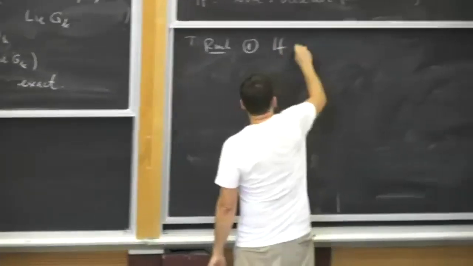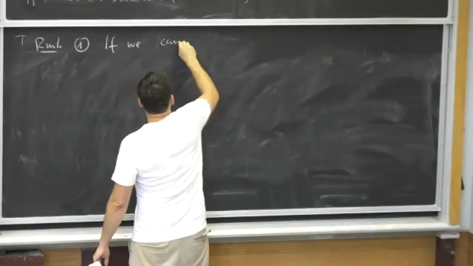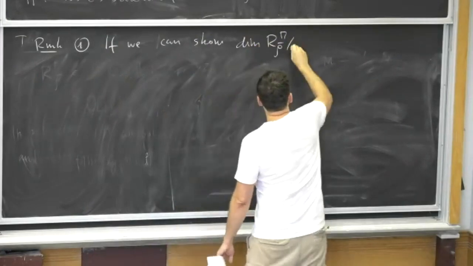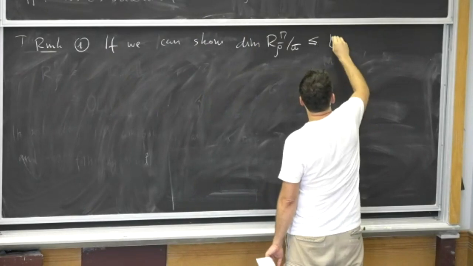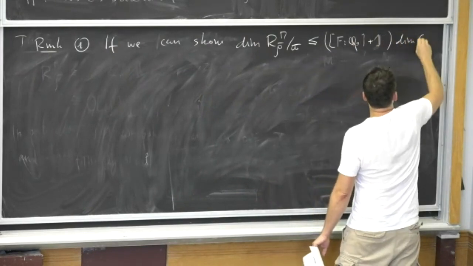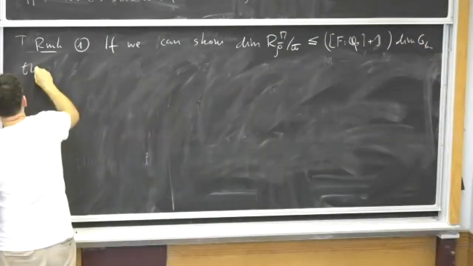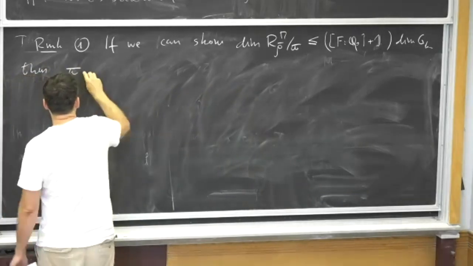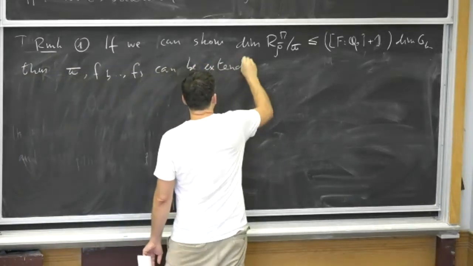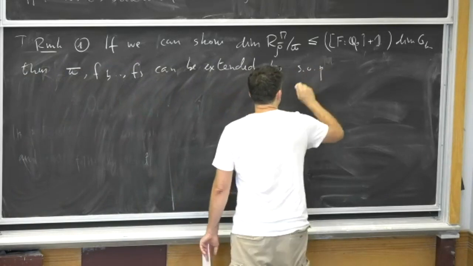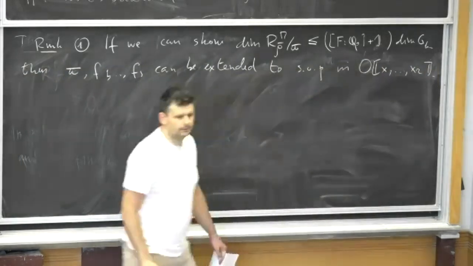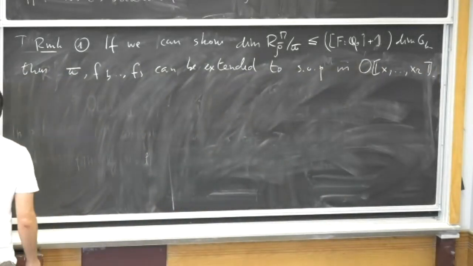So now, if we can bound the full dimension of the special fiber by this expected dimension, then the sequence, the uniformizer, and F1 to Fs can be extended to a system of parameters in O[[x1, ..., xr]].